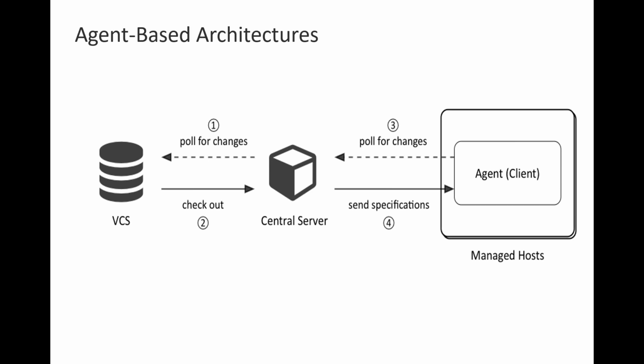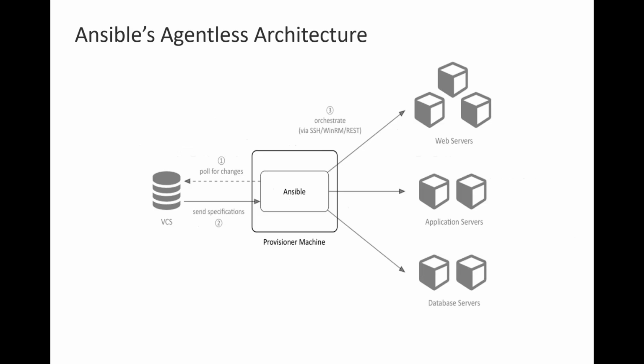But with the agentless architecture, here also we take one central system where we manage all the changes which are required to apply to all the target nodes. And here we can logically group the target nodes.